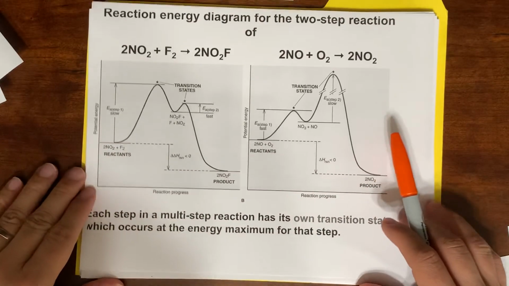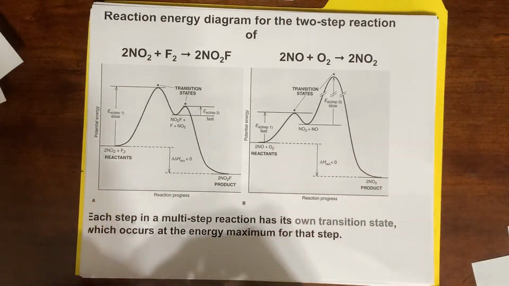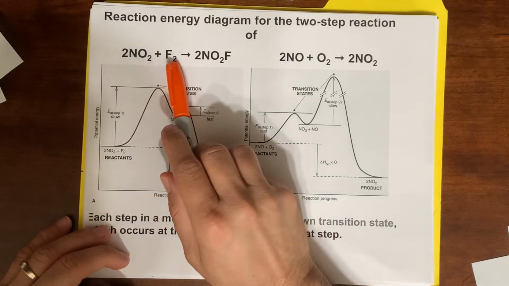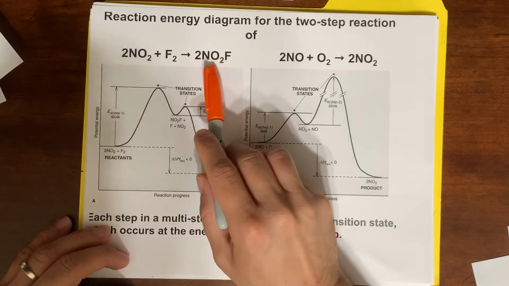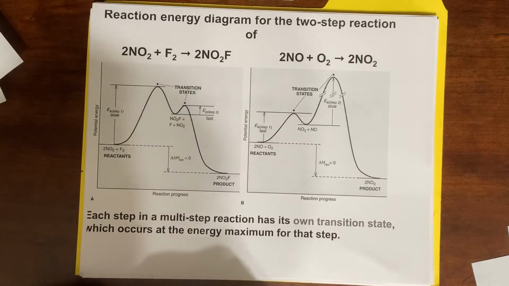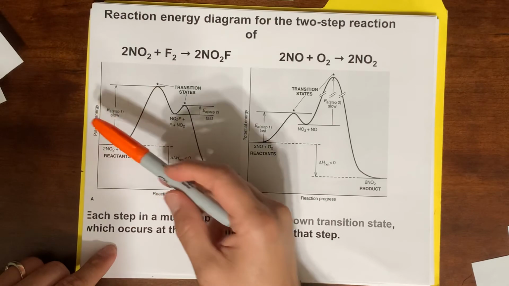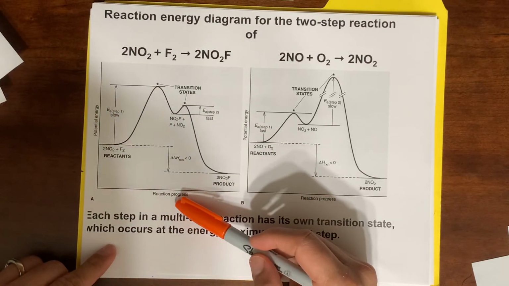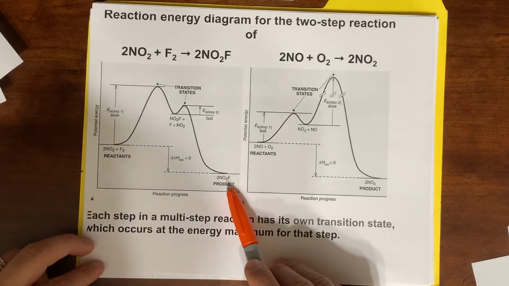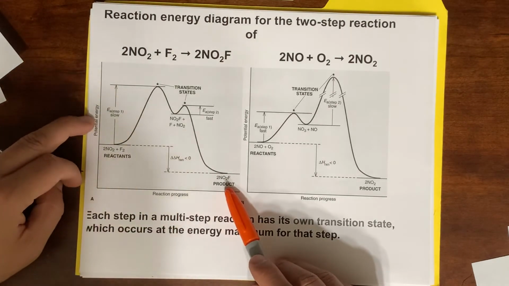And here I have two reactions. The first reaction says 2NO2 plus F2, we get 2 moles of NO2F. And when I look at the graph, I see energy versus reaction progress. That means when you are moving from reactant to product, what's the change in the energy?